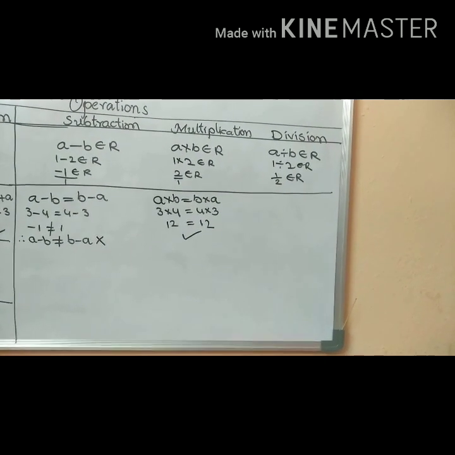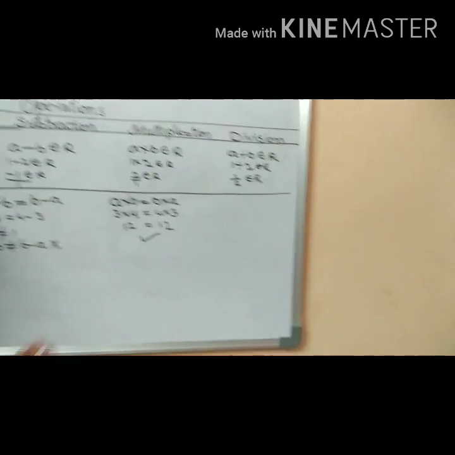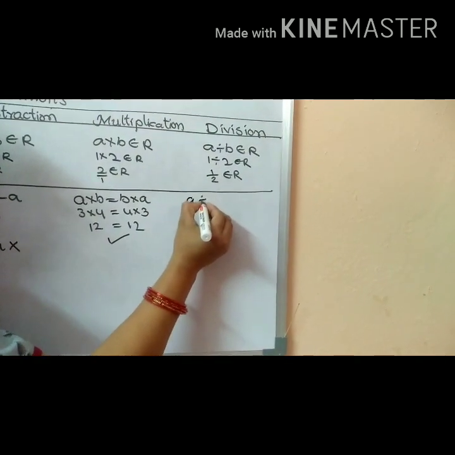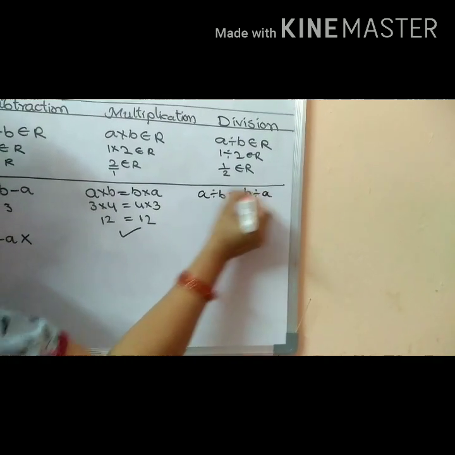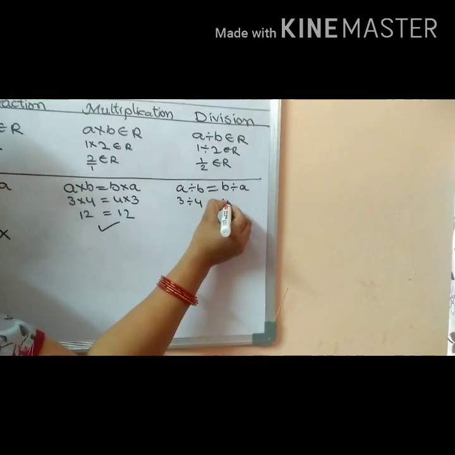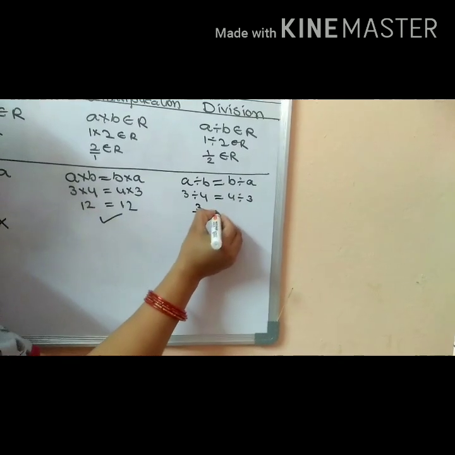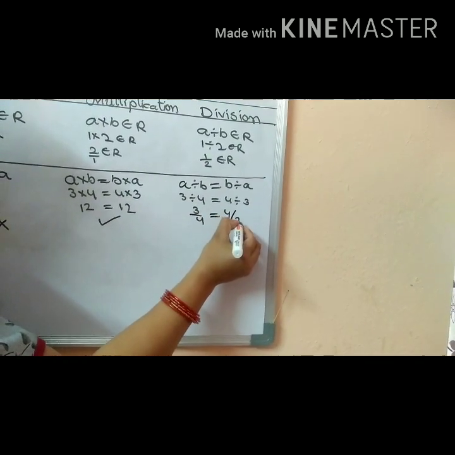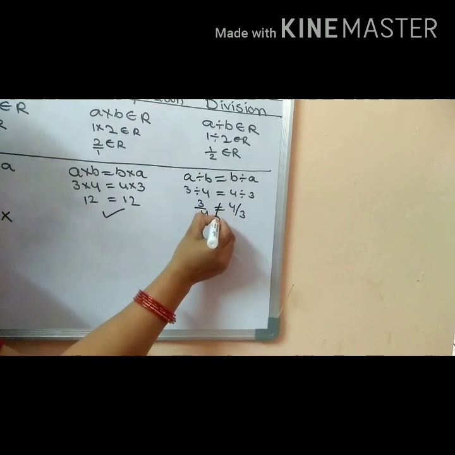Did you understand? Next, A divided by B equal to B divided by A. For example, 3 divided by 4 equal to 4 divided by 3. So 3 by 4 equal to 4 by 3. Are both values equal? No, they are not equal.